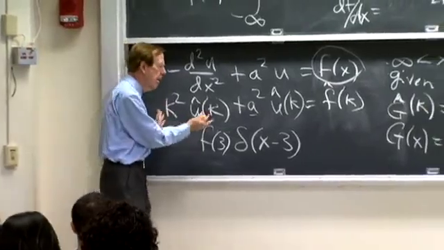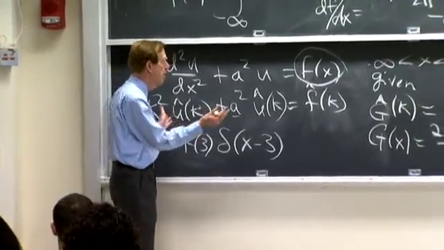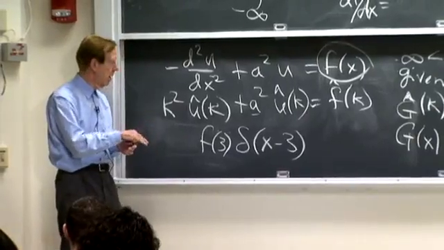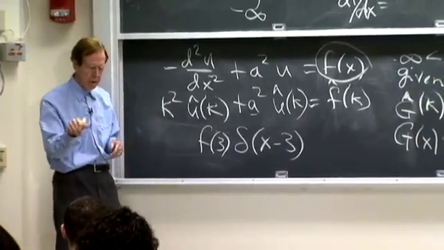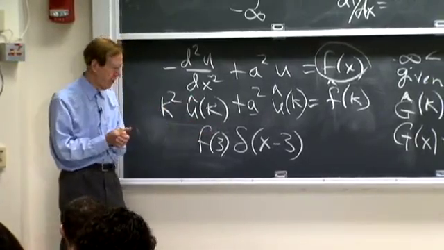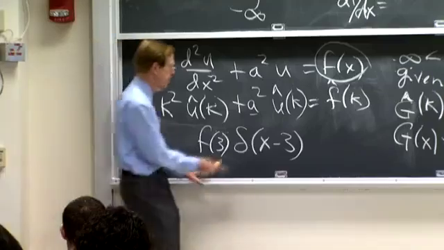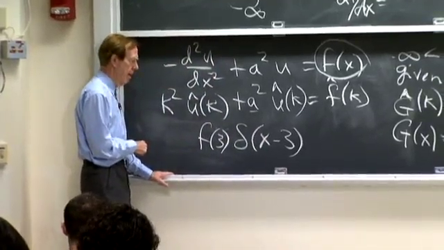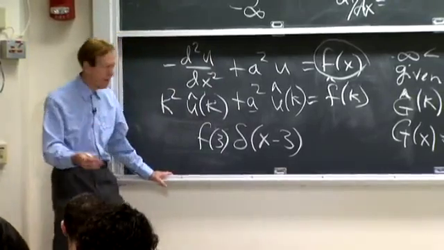Now, 3 could be any point along the line. I can't use x for other points on the line because I've got an x in the formula. Let me use t. So this was t equal to 3. Now I want to do it at all points.